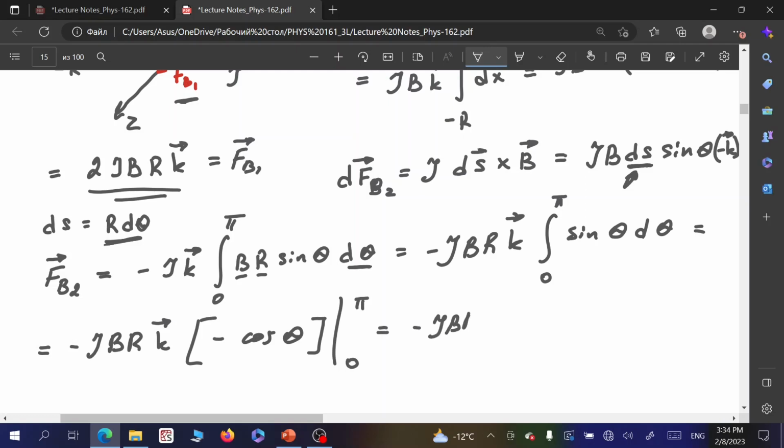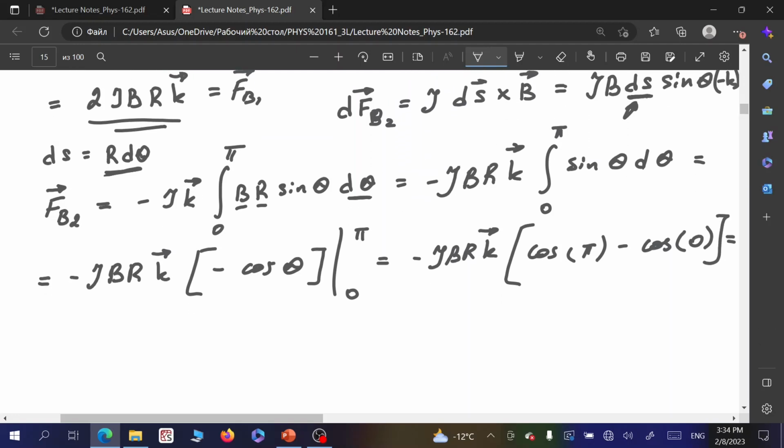Minus I B R K unit vector will be cosine pi minus cosine 0. So here cosine pi gives us minus unity, and cosine 0 gives us unity.